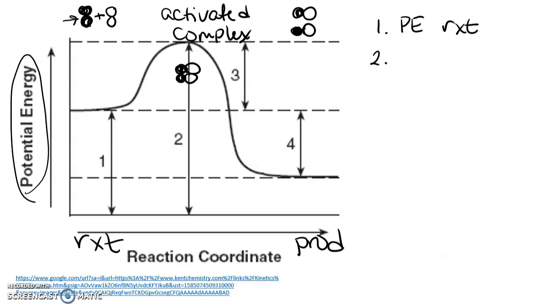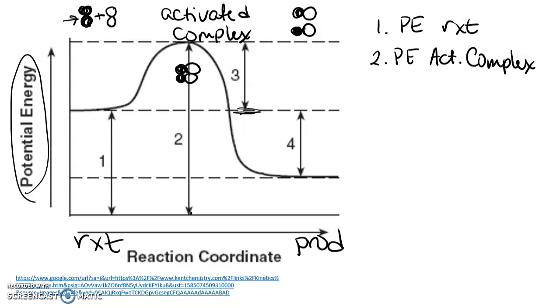Plateau 2 is from the bottom of the graph from 0 up to the top of the hill. So that's specifically the PE, or the potential energy, of the activated complex. This is also known as the transition state sometimes. Number 3, however, is going from the reactants plateau to the top of the hill.